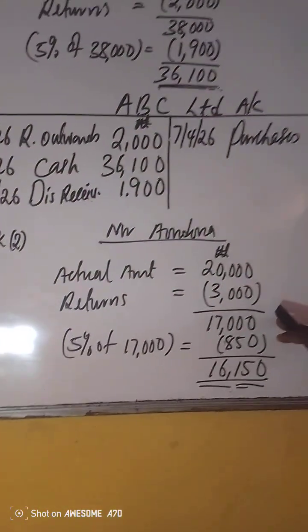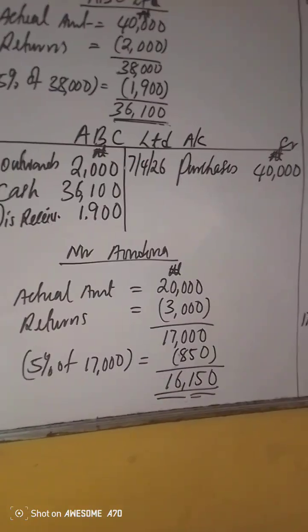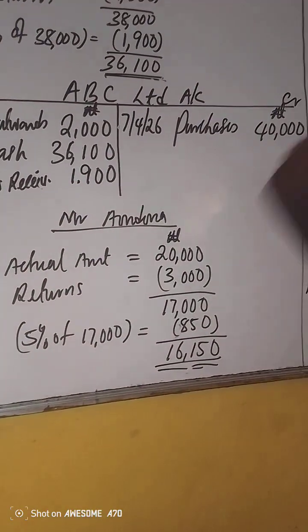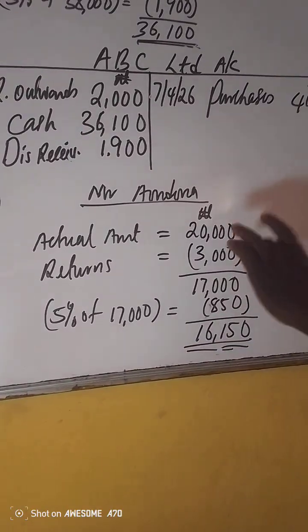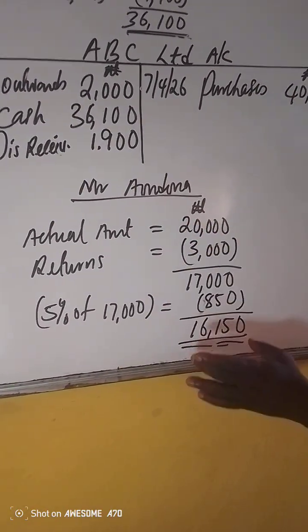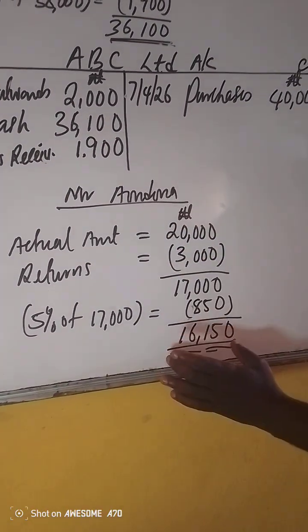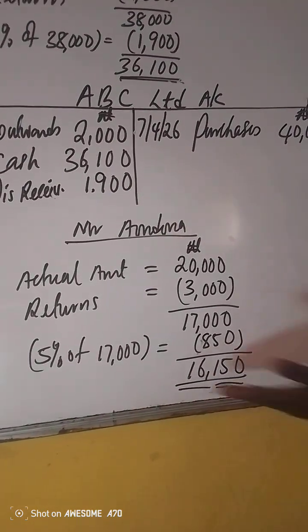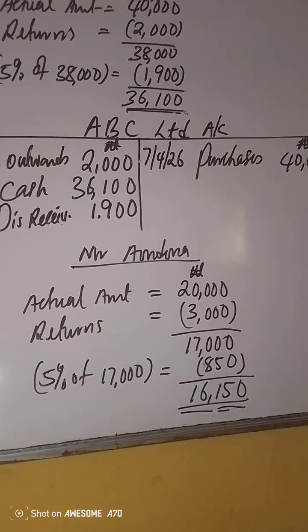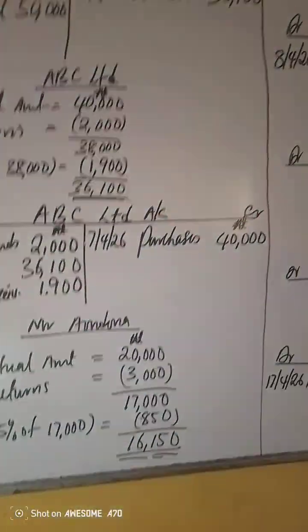If you work out 5% of that, you discover that the discount is 850. So if you minus 850 from 17,000, you get 16,150, which is what the business is receiving from Mr. Onduna. Let's come and see how we make the payment.